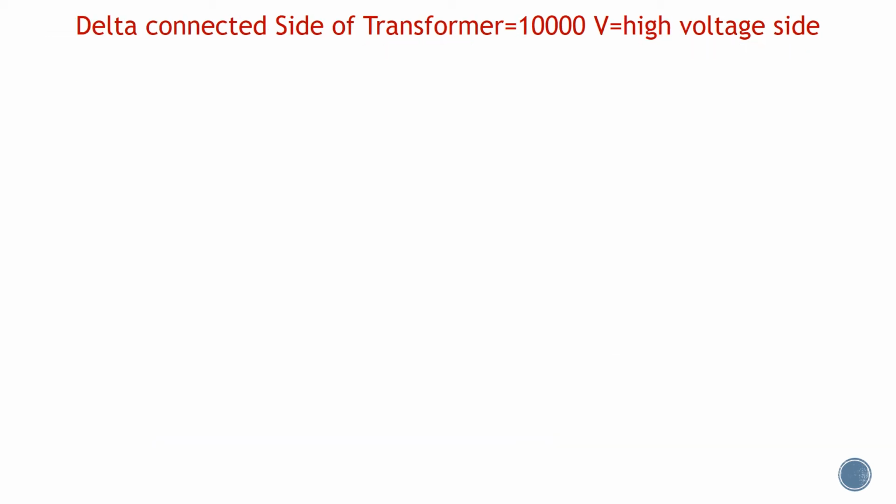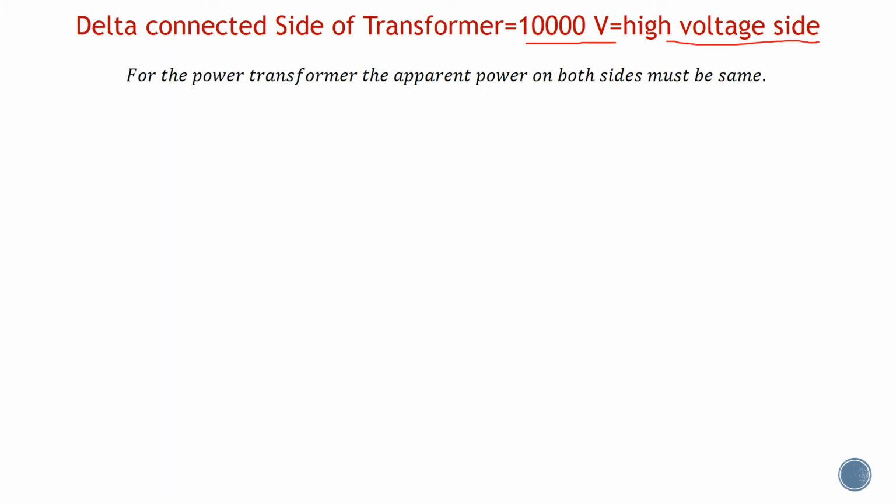Moving to the delta connected side of the transformer, that is 10,000 volt, which is basically your high voltage side, we have to find the CT ratio here. We know that in case of a power transformer, the apparent power on both sides must be the same. That is, the primary apparent power should be equal to the secondary apparent power.